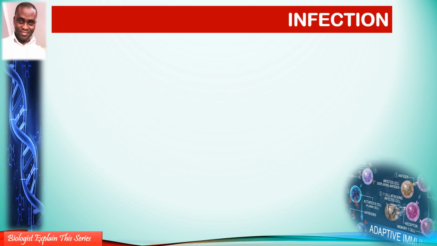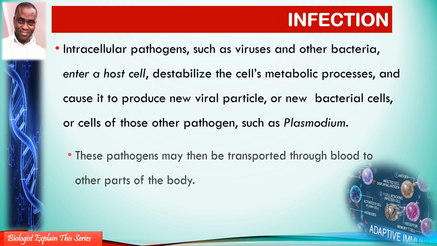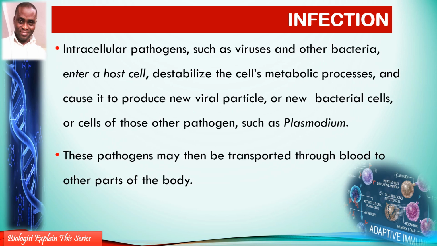Still on the issue of infection. Intracellular pathogens, like I said in the previous lesson, are viruses and some other kinds of bacteria. Once they enter, just like an invader entering your home, searching your wardrobes and turning stuff upside down because he or she has gained entrance, they destabilize. It's possible that you have an extracellular organism. That pathogen stays outside and then it begins to shoot.